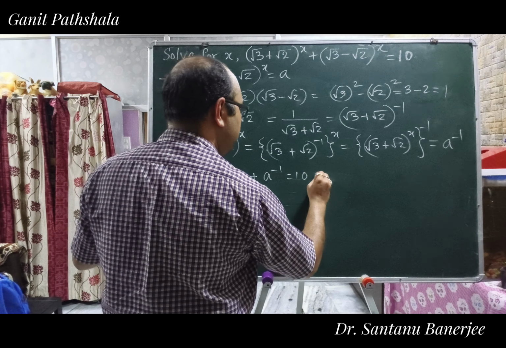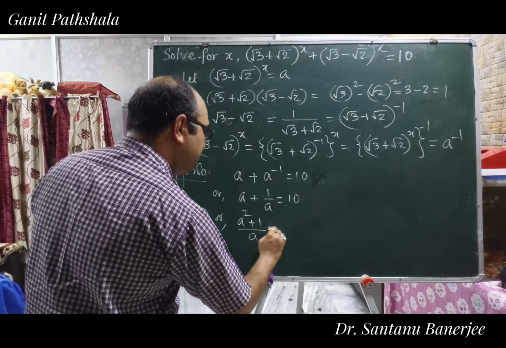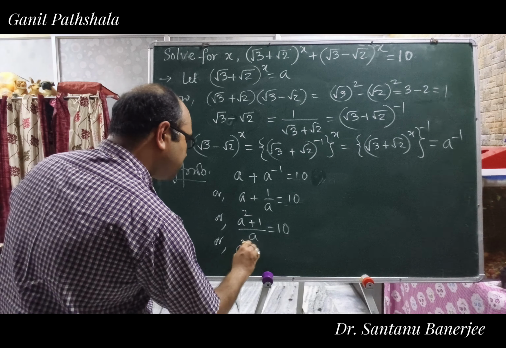Now let us do the LCM: (a² + 1)/a = 10, or a² + 1 = 10a. Now bring this 10a to this side: a² − 10a + 1 = 0.